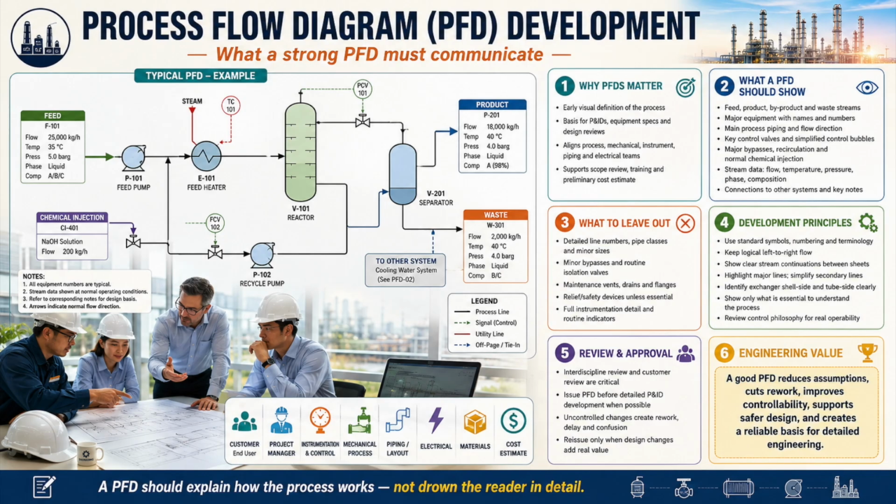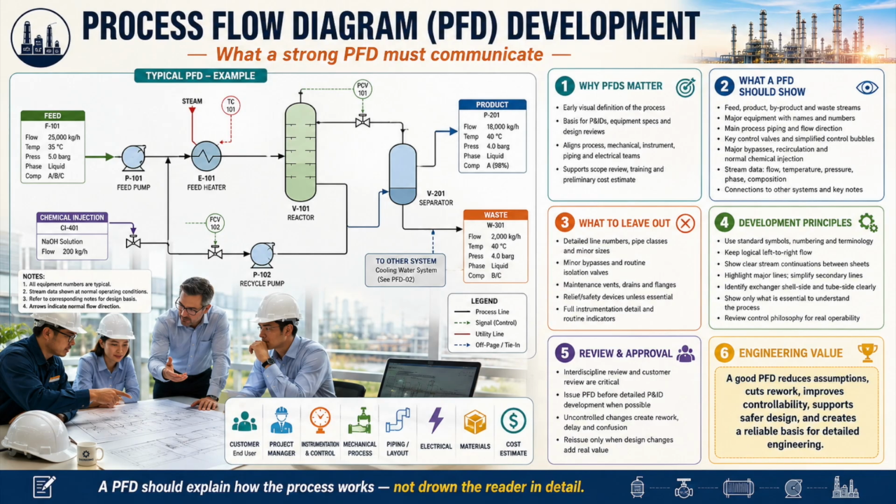Add a clear text description and include the related equipment number where relevant. Continuation should never force the reader to search through several drawings to determine where a stream came from or where it goes. When different process options are under evaluation, show them on separate PFDs. Overlaying competing configurations on one drawing creates confusion and weakens review quality.